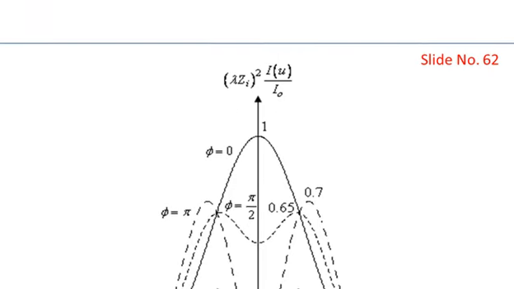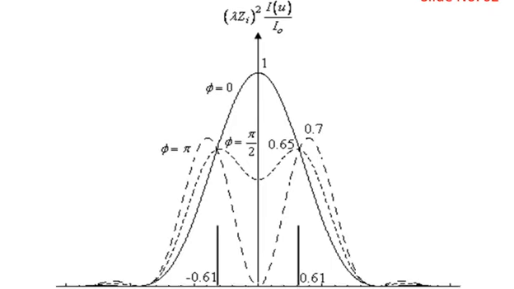Now we have seen that when phi is equal to pi by 2, we have a dip over here. Look at this dip corresponding to the plot of phi equal to pi by 2, where you have the smaller dotted lines. And if you look at the case of phi equal to pi, the longer dotted lines, you will see that the dip is touching the 0 axis.